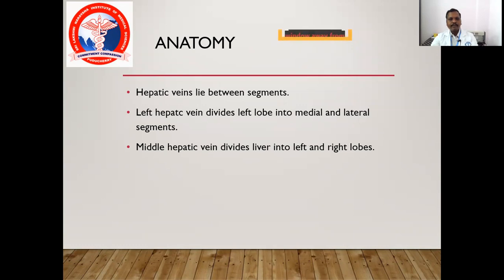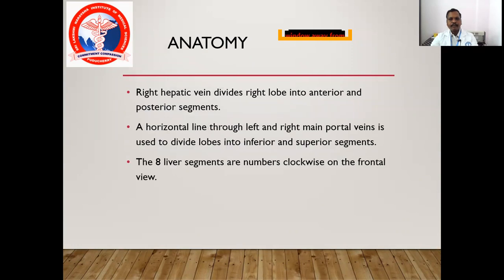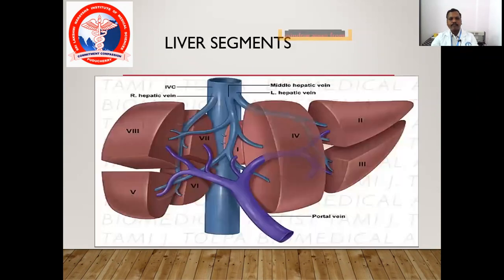The left hepatic vein divides the left lobe into medial and lateral segments. The middle hepatic vein divides the liver into left and right lobes. The right hepatic vein divides it into anterior and posterior segments. The horizontal line through the left and right main portal veins is used to divide the lobes into inferior and superior parts, leading to 8 liver segments numbered clockwise from the front view.